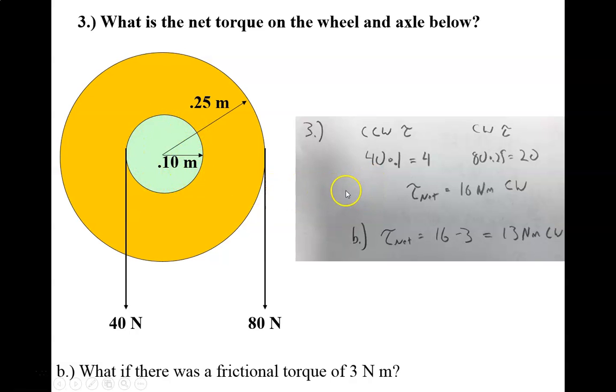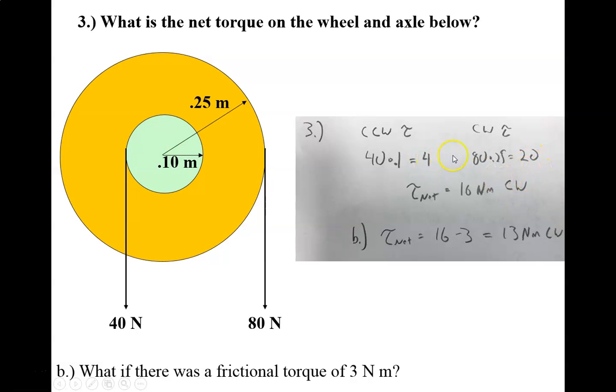So let's calculate each. For the 40, we've got a 0.1 lever arm. The radius of a system like this is your lever arm if you're dealing with a wheel or an axle. So 40 times 0.1 gives me 4 Newton meters counterclockwise. Then 80 times 0.25 gives me 20 Newton meters of clockwise torque.